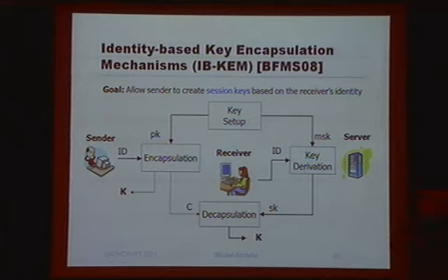This key can be used by a symmetric encryption algorithm to encrypt the actual message. The ciphertext gets sent over the network. The receiver, given the ciphertext and the secret key for a particular identity, can then recover that key.